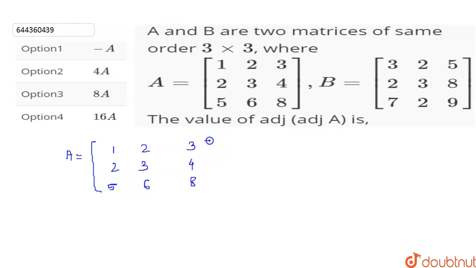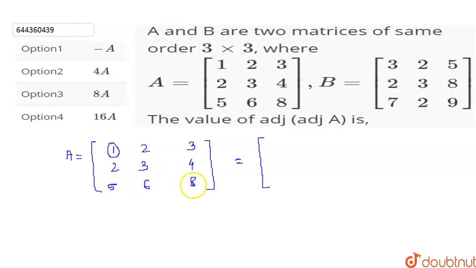Right, so what are we going to do? We are going to first of all find the cofactors. For finding the cofactor of the matrix, for this entry, we have to find the determinant value of this matrix.